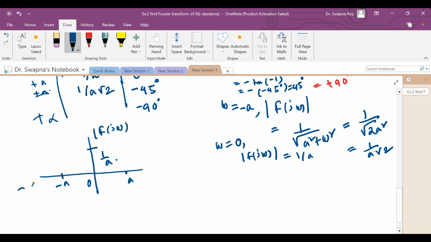This is minus infinity, plus infinity. So the curve will be like this. This is the magnitude, the amplitude spectrum.